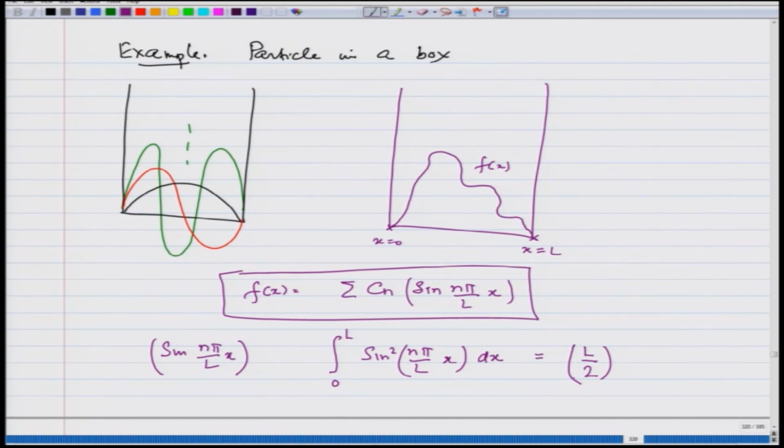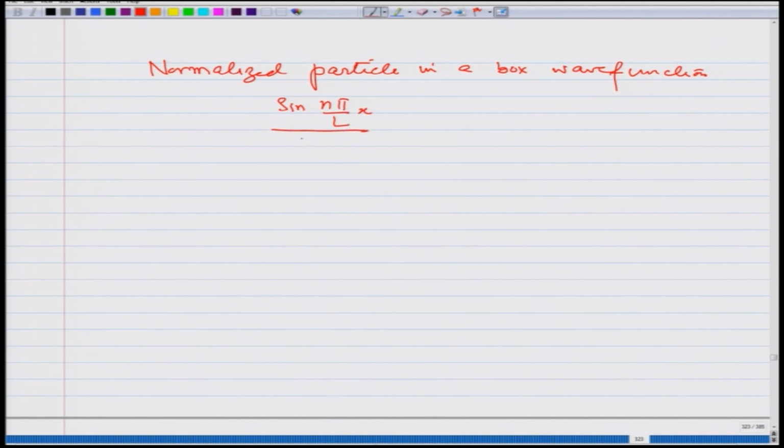And therefore, to normalize it, I have to write the normalized particle in a box wave function as sin(n pi x over L) divided by square root of L by 2, which is square root of 2 over L sin(n pi x over L).